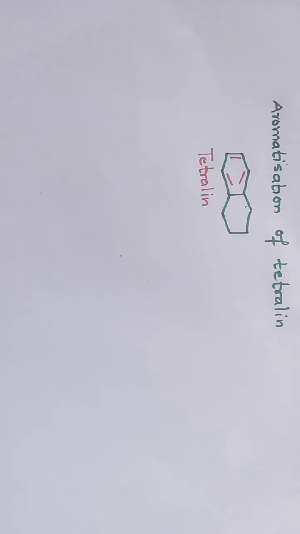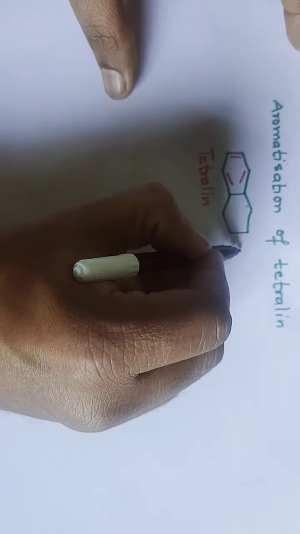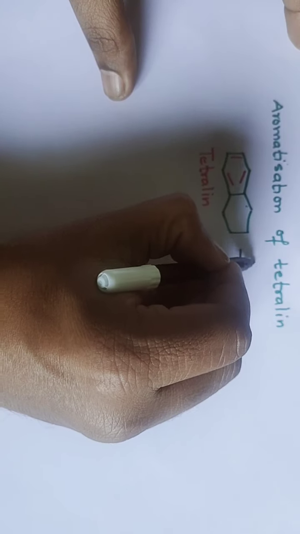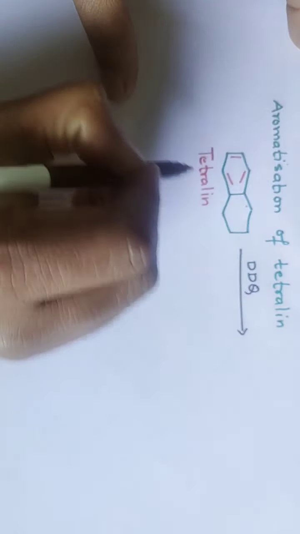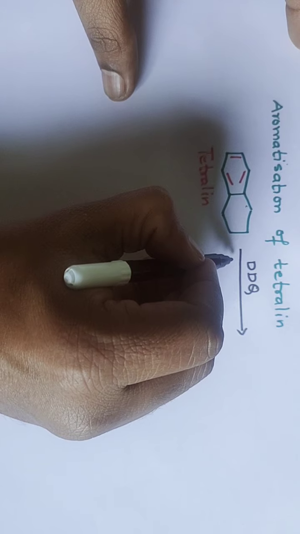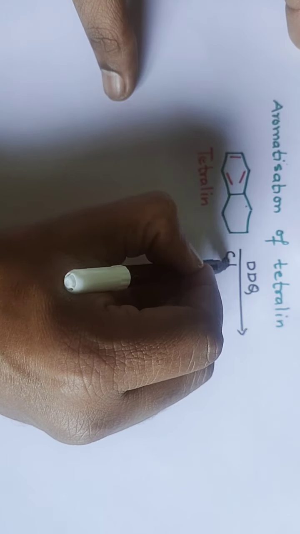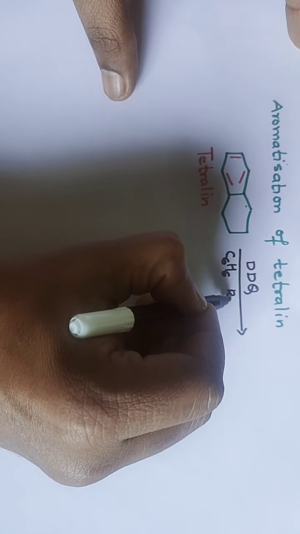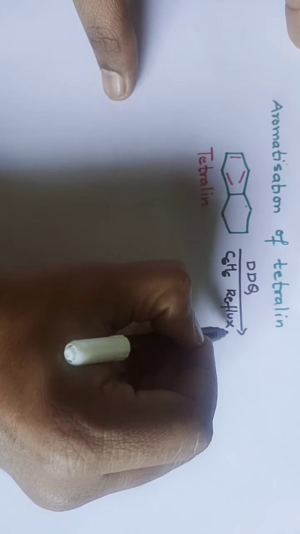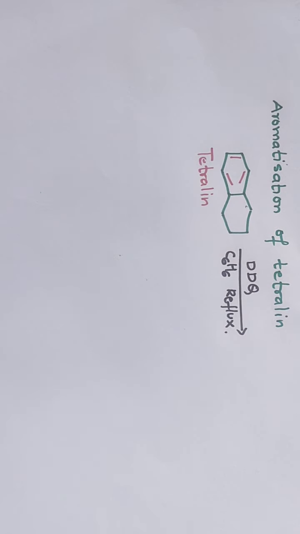Now, when tetraline is treated with DDQ in the presence of benzene and reflux, which means boiling benzene, when you heat it, when you boil it, we call it refluxing.